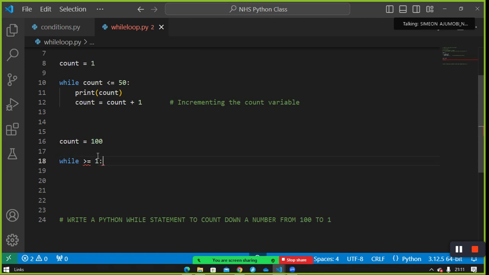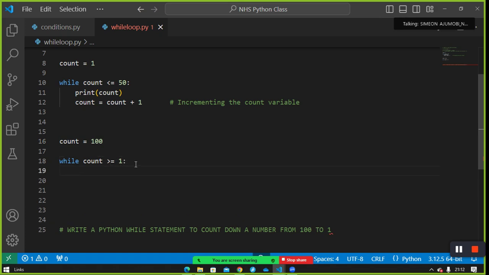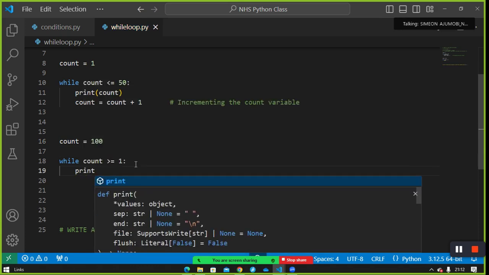While count is greater than or equals to 1, which is true. Do you know that, Ebuka? Count here is 100, is greater and is not even equal to 1. So it is true that it is greater than 1. Then the next thing you do is to print count.